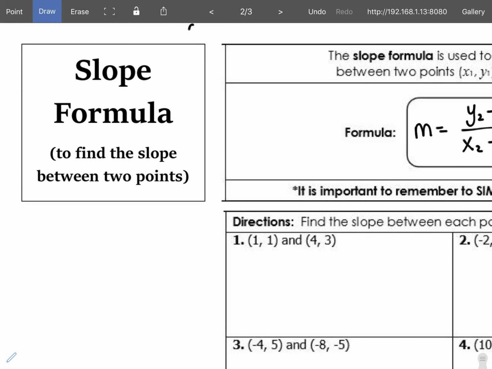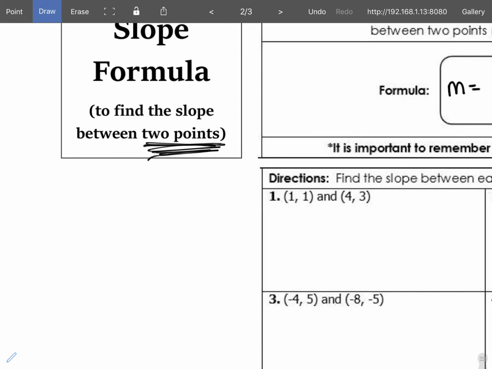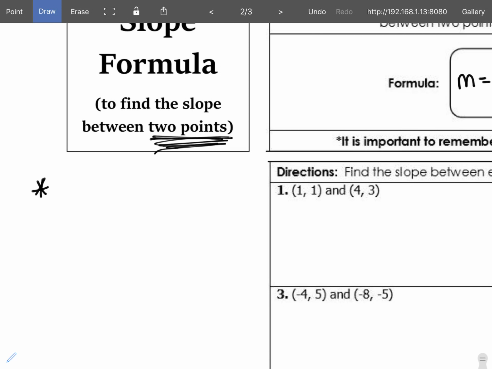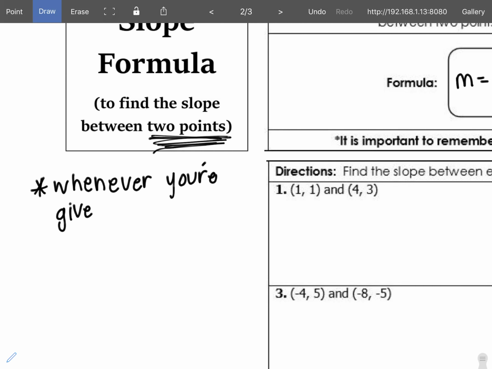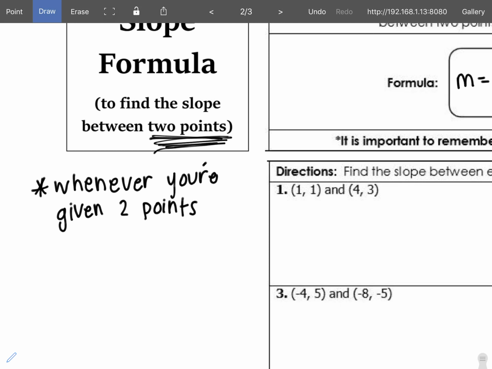So when you're given 2 points, this is really important. Whenever you're given 2 points, the first thing you do is find the slope. Later on in this unit, I'm going to be giving you 2 points and ask you to do something, and you have to know right away, the first thing you do is find the slope.